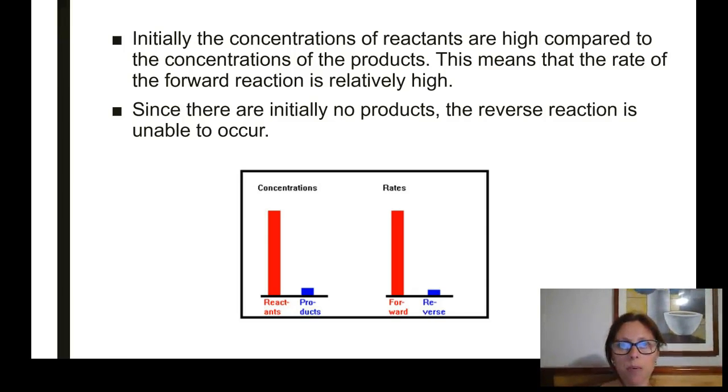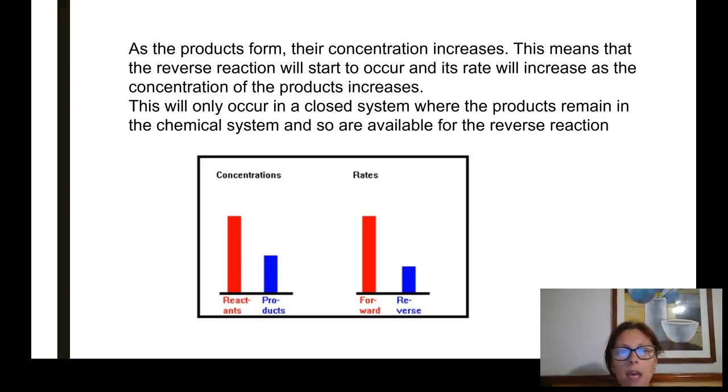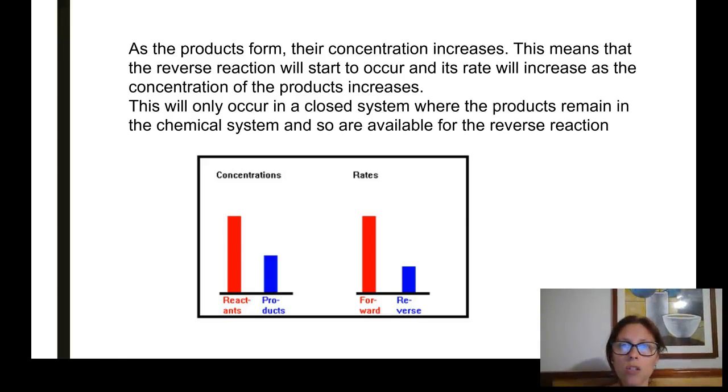As we're forming some of the products, we start to get the reverse reaction starting to increase. In this diagram here, you can see that we are producing more products. So the concentration of the reactants is reducing, and the concentration of the products is increasing.